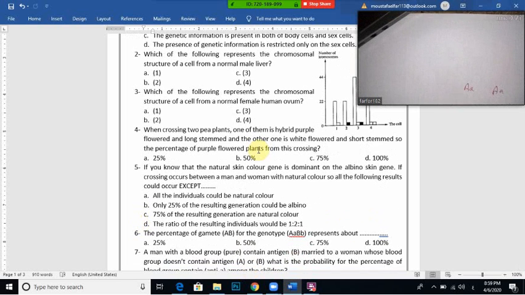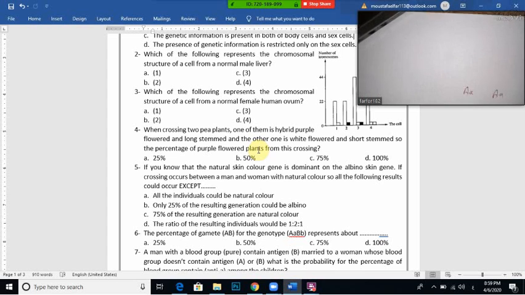One of them will be AA, two of them carry Aa, and the last one carries aa. These three, or 75%, will be natural skin color, and the last one, or 25% of the resulting generation, will be albino skin color.